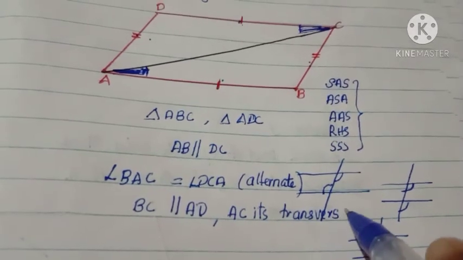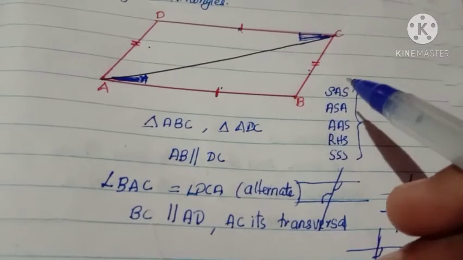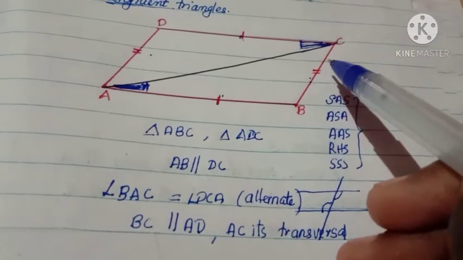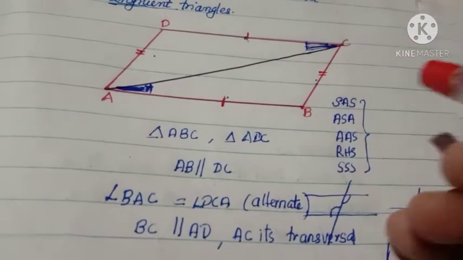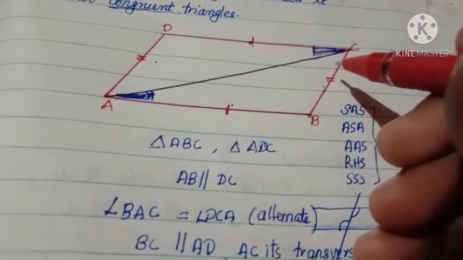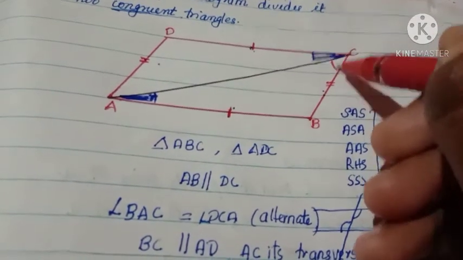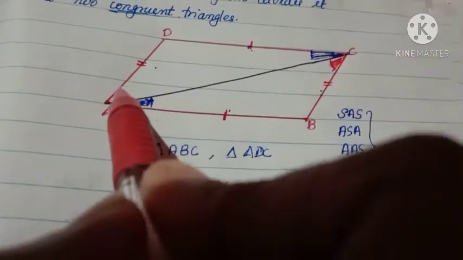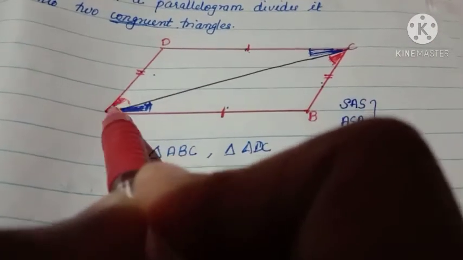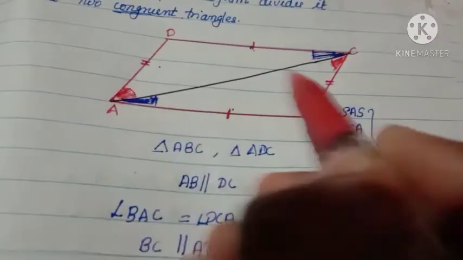Again consider the alternate pair of angles. Let's see, angle BCA, this angle. So this angle is equal to the one here. These two angles are alternate angles.